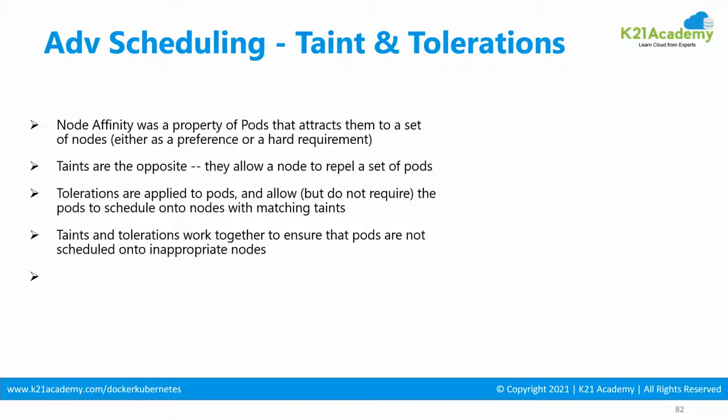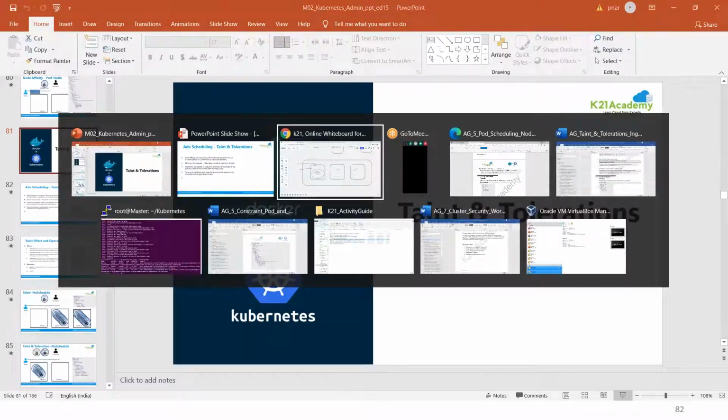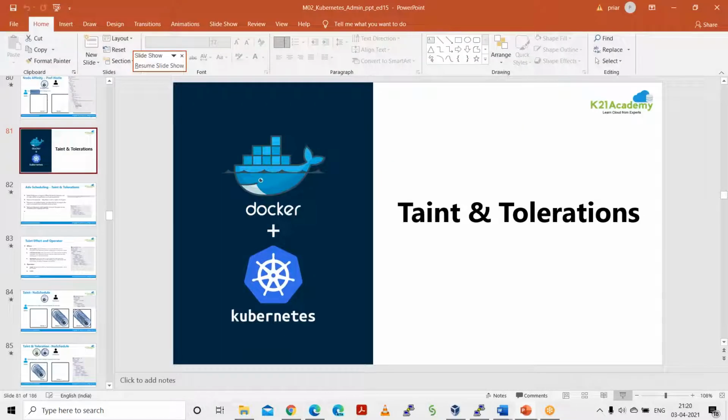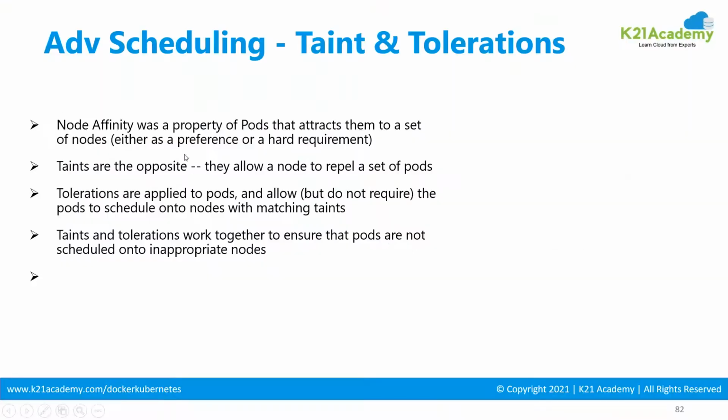They allow a node to repel a set of pods. If you don't want to put a pod on a specific worker node, you can taint it.